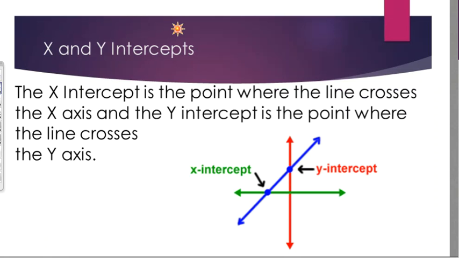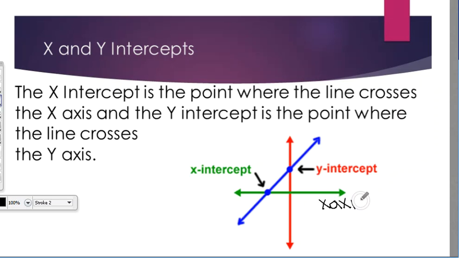The first thing that we're going to talk about is the x and y intercepts. Okay, so as we look at this coordinate plane I have over here, this green line is the x-axis.